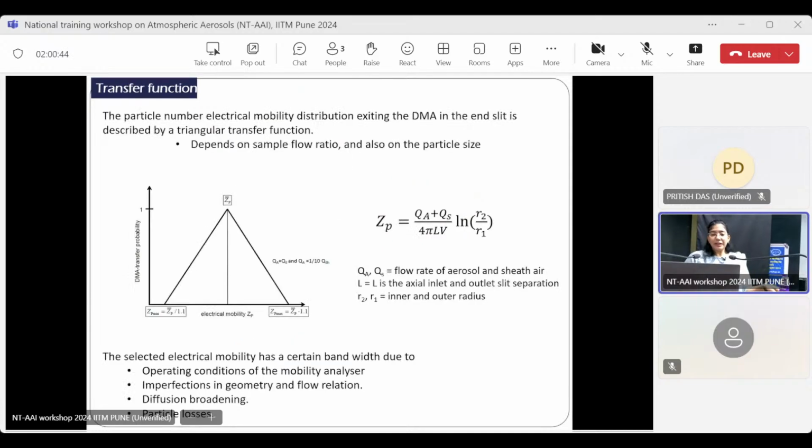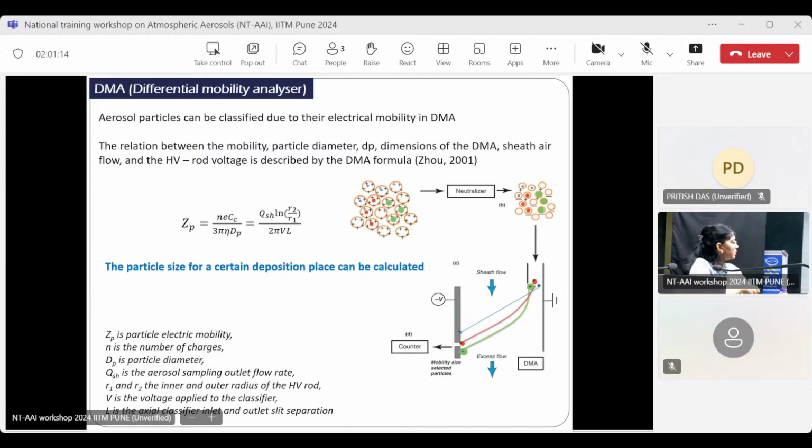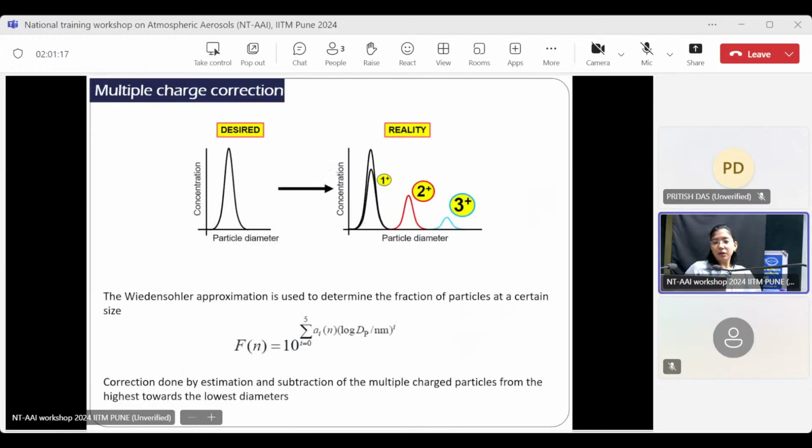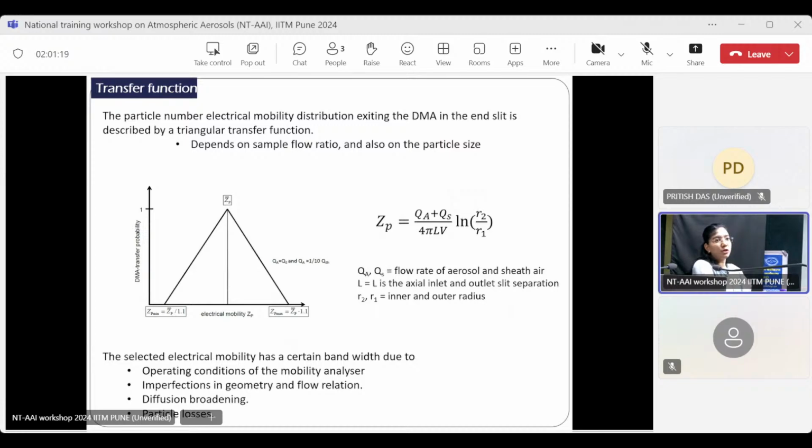So then the third thing, we are expecting a single mobility class to exit from the slit, but that is not the case. Always there is a range. But when you want to determine the actual thing, you need to know the calculation or the model for the same. The particles which exit are in a triangular transfer function. So basically the particles coming out of here will have this type of distribution.